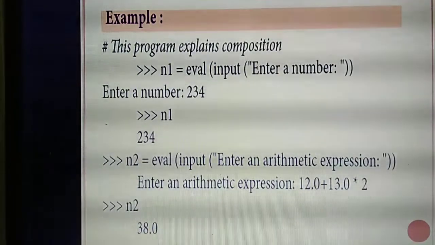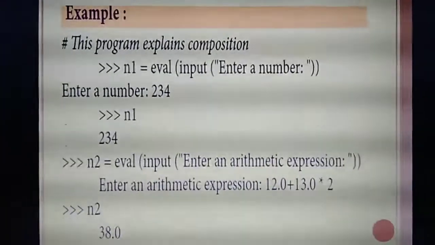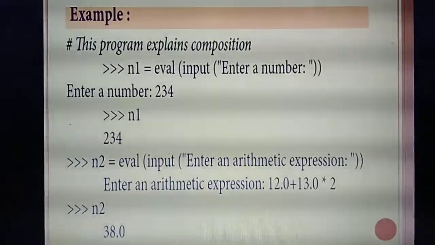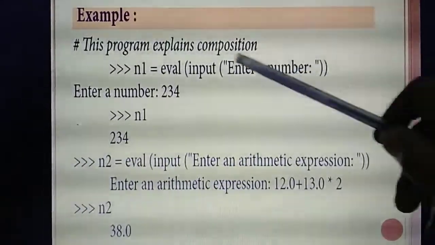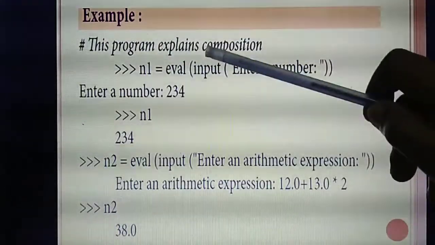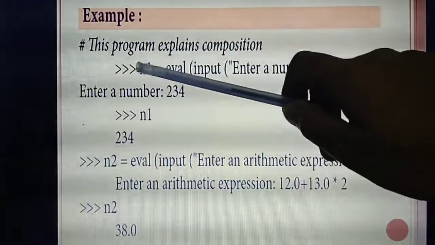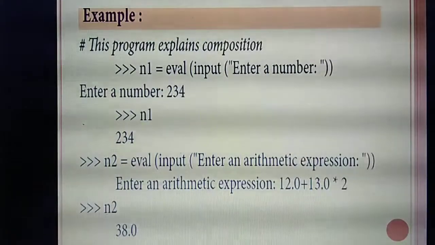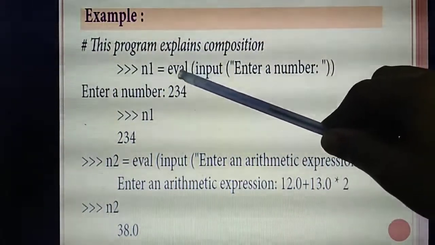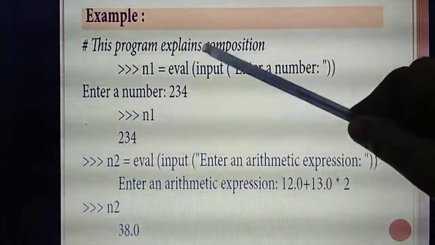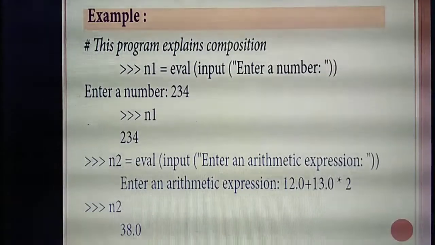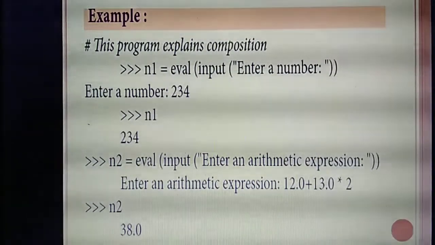Understand? Two functions are there: the input function as well as the evaluate function. First you enter the number in the input function. Then the evaluate function will evaluate it and return the value to n1. The input function is defined inside the evaluate function, so we call this a nested function.